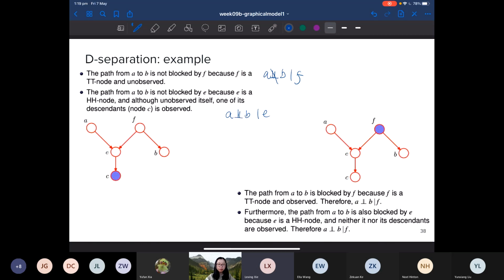So this should be fine, but one of its descendants is actually observed, therefore unblocking the path between A and B. So this is also not conditionally independent.